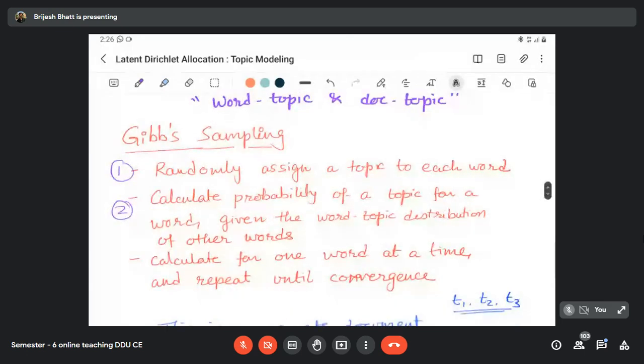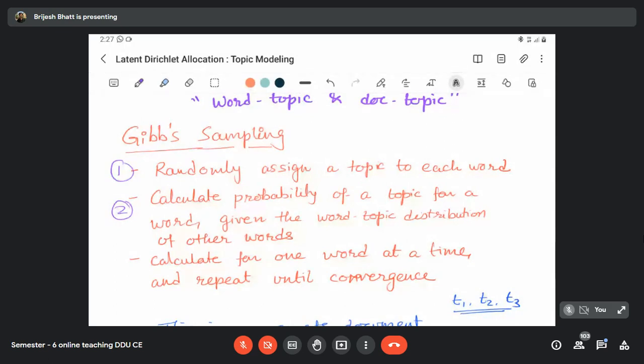So in Gibbs sampling, every word is a random variable. If you want to relate it with the Bayesian network Gibbs sampling that we talked about, every word is a random variable, and every word needs to be assigned a topic. How do we start? We start with random assignment.